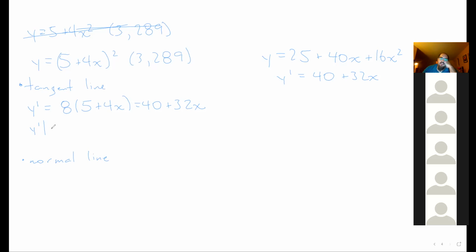So where do I want this tangent line to be? Where do I want it to intersect the curve? If I'm graphing this function, it's going to be a parabola.